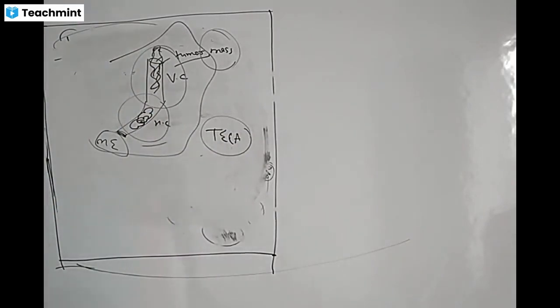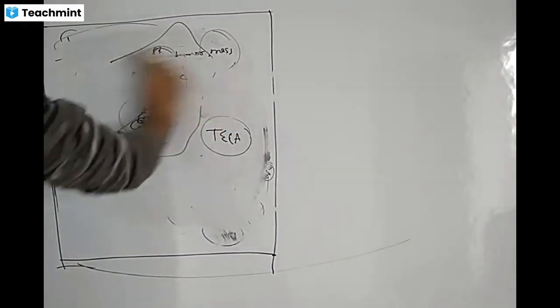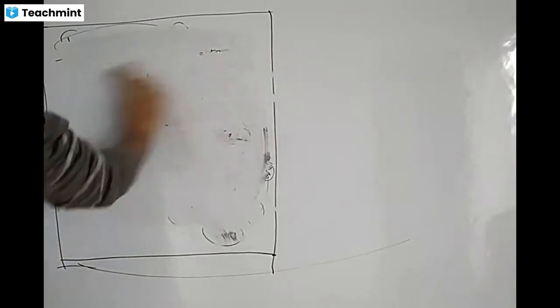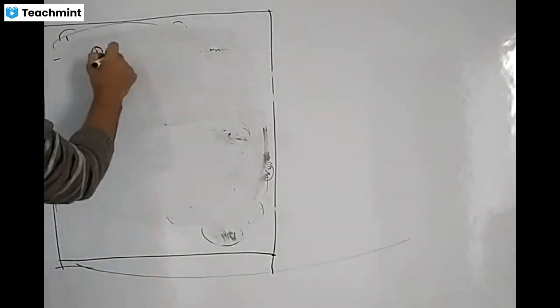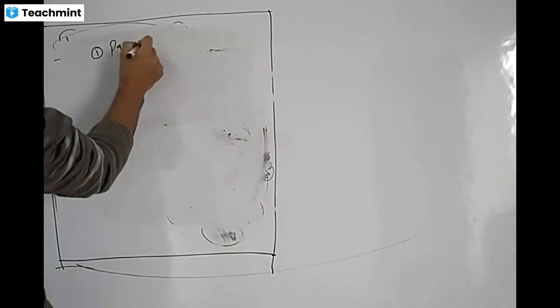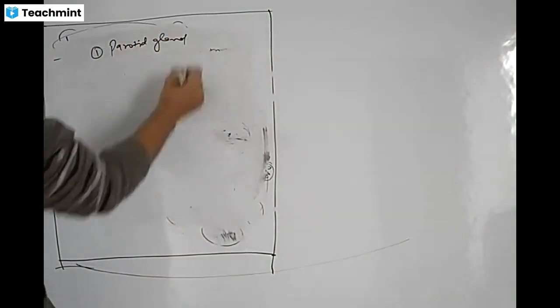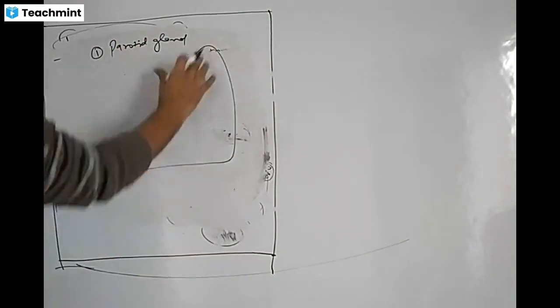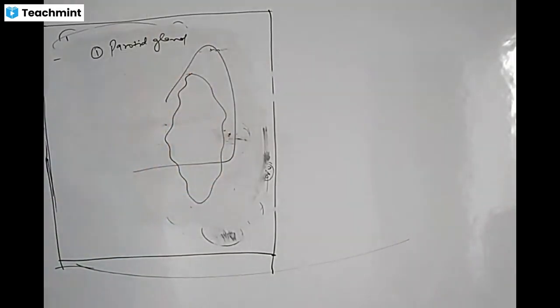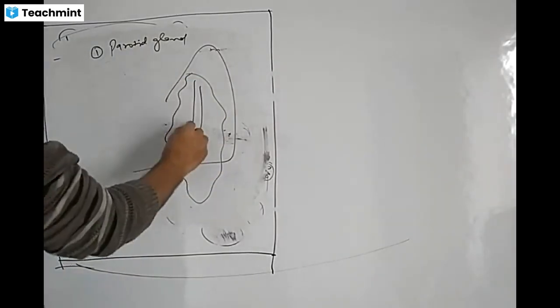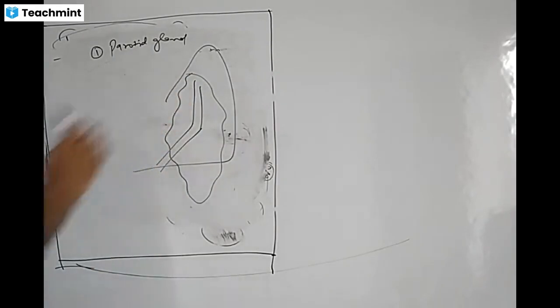What is important during this surgery? There are some structures whose anatomy you should know. First is your parotid gland. When you are entering the ear, there is some parotid mass of tissue which is overlying your vertical canal.